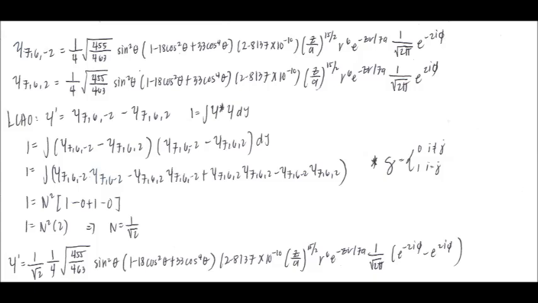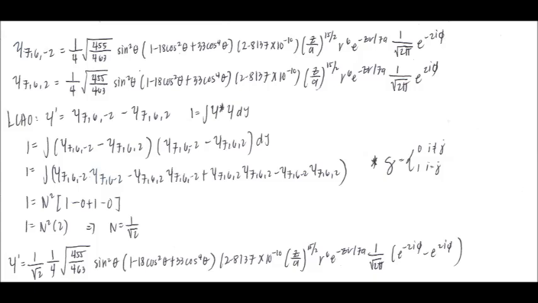So we will have now the eigenfunction psi 7, 6, negative 2 is equal to 1/4 raised to 455 over 463 sine squared theta times 1 minus 18 cosine squared theta plus 33 cosine to the 4th theta times 2.8137 times 10 raised to negative 10 times z over a raised to 15 over 2 r raised to 6 e raised to negative zr over 7a times 1 over square root of 2 pi times e raised to negative 2I phi.